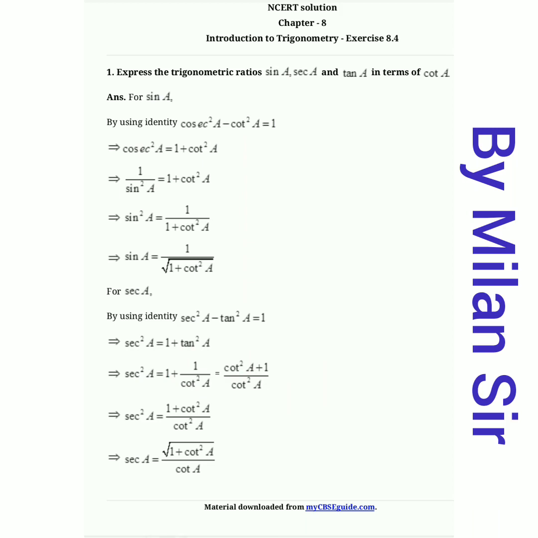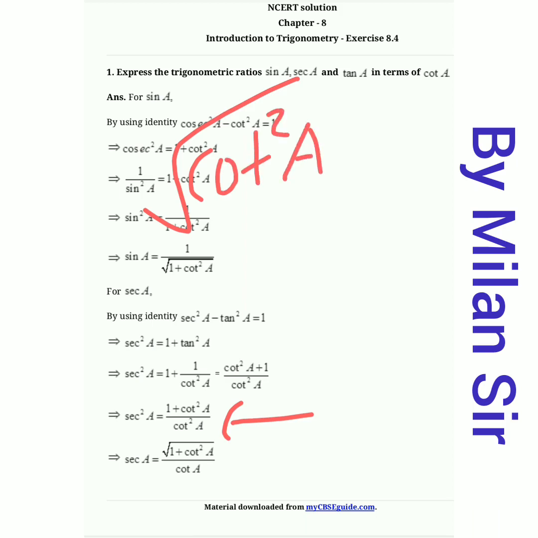So what we get is 1 plus cot square A upon cot square A. Now here on the left hand side sec square A is there, so take the square root. So on the right hand side the square root of the numerator is already written, 1 plus cot square A. But in the denominator cot square A is there, and the square root of cot square A. So the square is cancelled with the square root, because we can write it like this, under root cot square A.